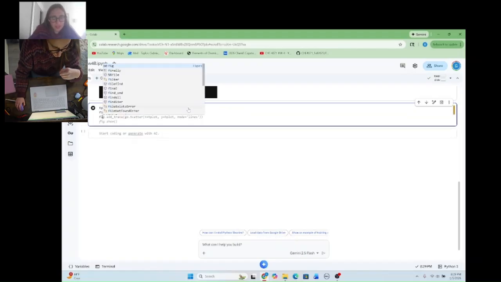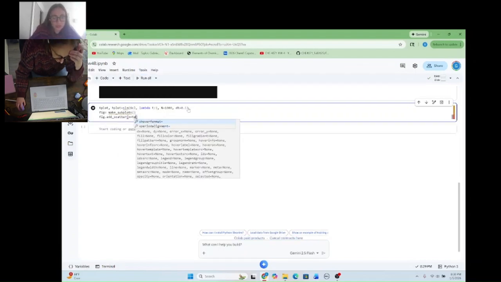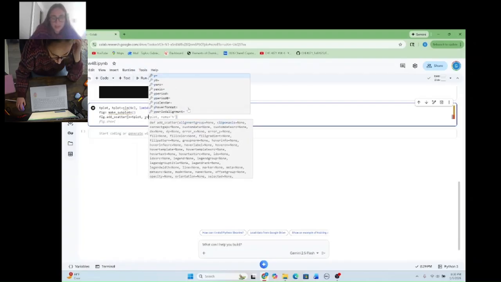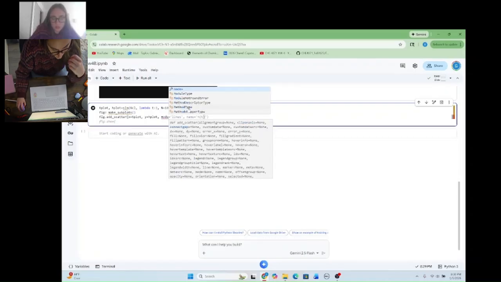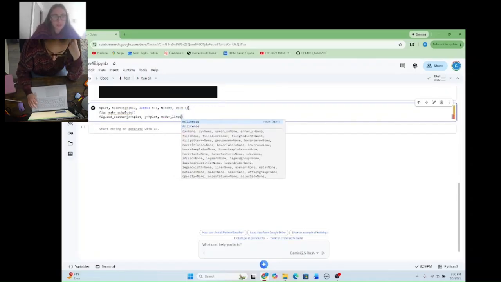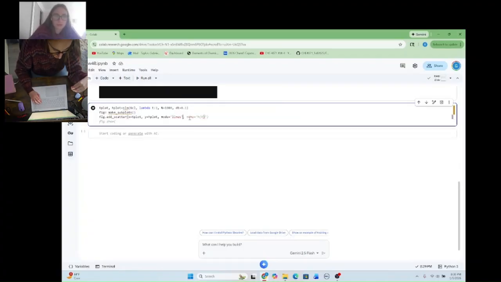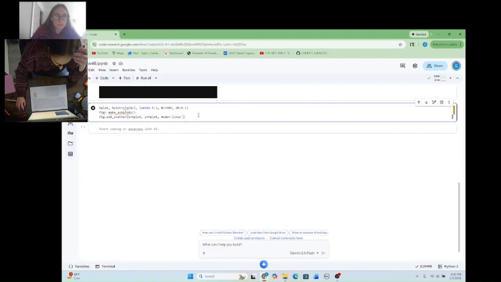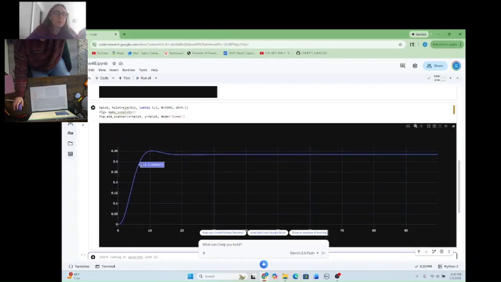And then we do fig dot add underscore scatter, x is equal to t, y is equal to h plot, mode is equal to lines. So let's look at this. We have a function where we bumped up and then we're at a steady state as time progresses, right?